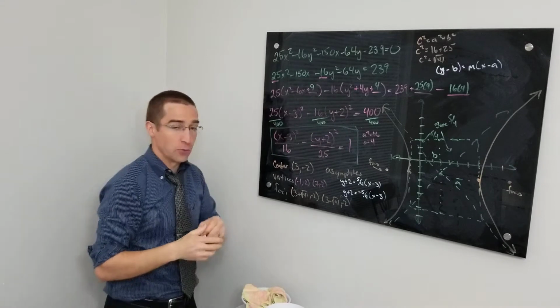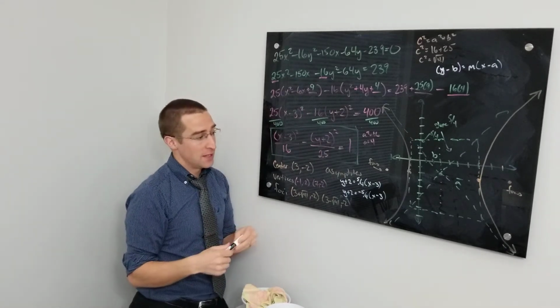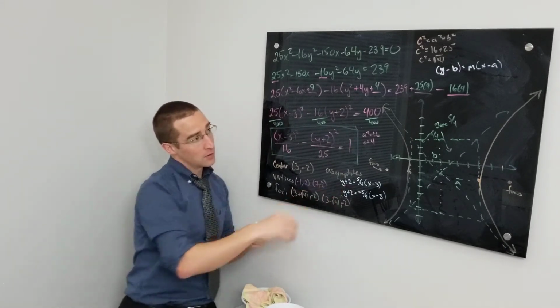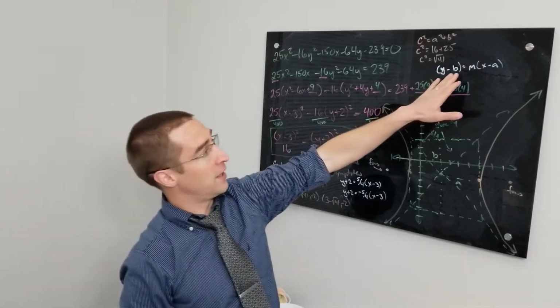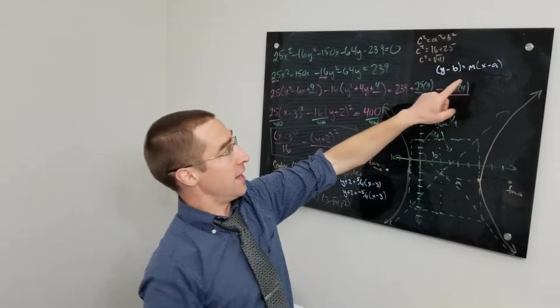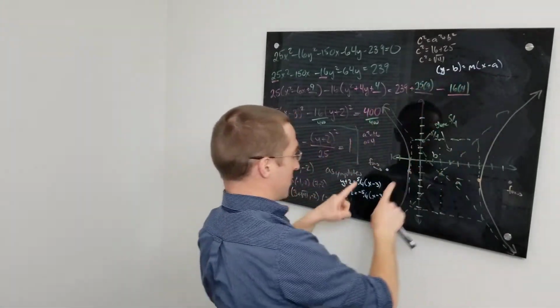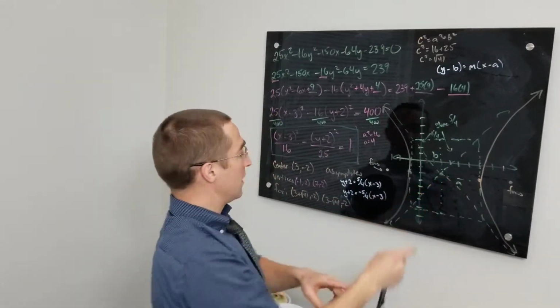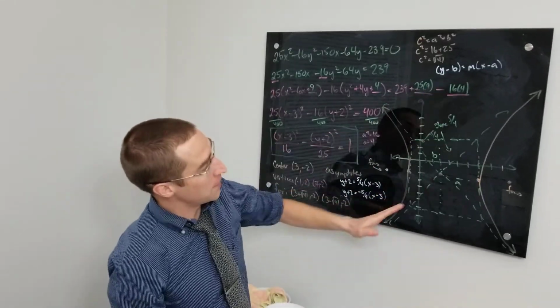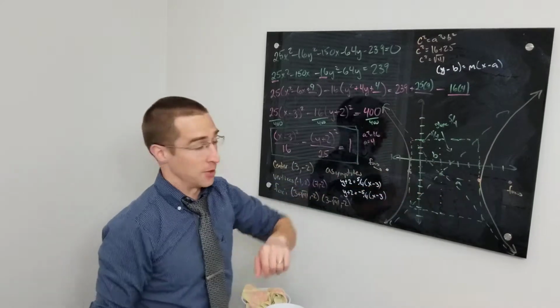So basically when you're writing the equations for the asymptotes, it's going to be y minus b equals m times x minus a, where (a, b) is the center of your hyperbola, and then you just throw in for m the slope of each asymptote.